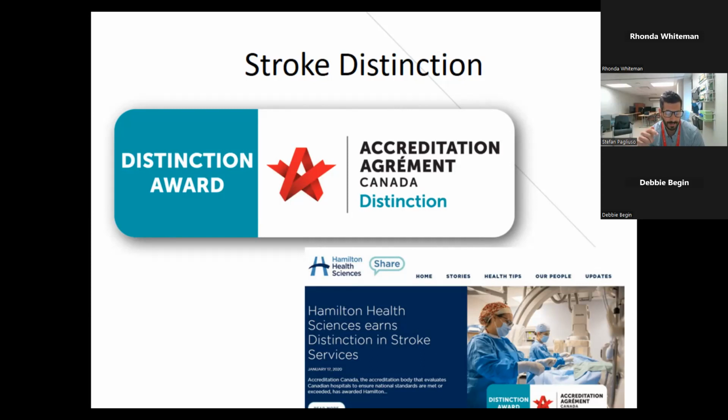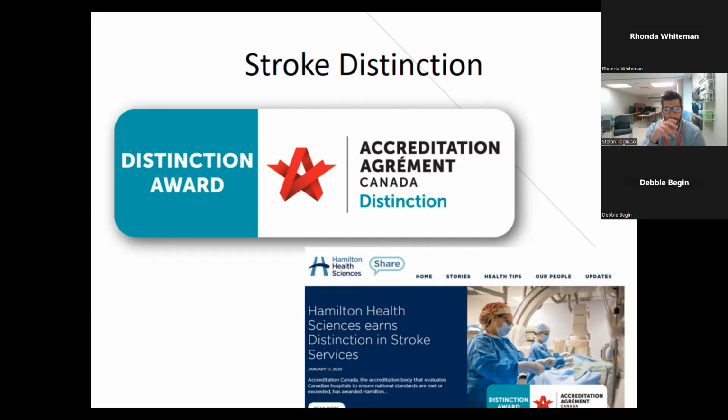In between the site visits, sites who go through stroke distinction are actually tasked with reporting data to Accreditation Canada every 6 months. So the data submission is not just at those site visits, but every 6 months in between site visits as well. And so data is the key to the process and maintenance of high-level standards in achieving stroke distinction for the sites that move forward with it.